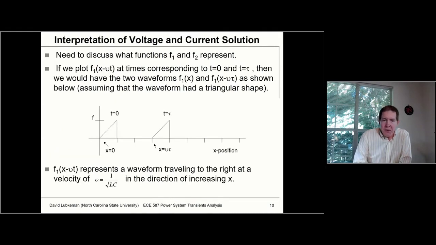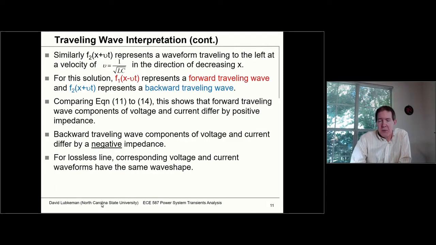As this wave travels from left to right, there's no attenuation, there's no distortion. Now in a real line, this is going to get distorted and attenuated, the magnitude is going to drop. But if I don't have any resistance, this line is going to be lossless. So the shape's going to stay constant.